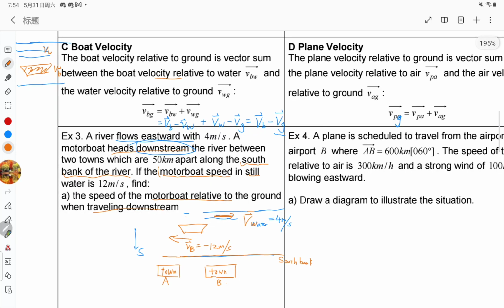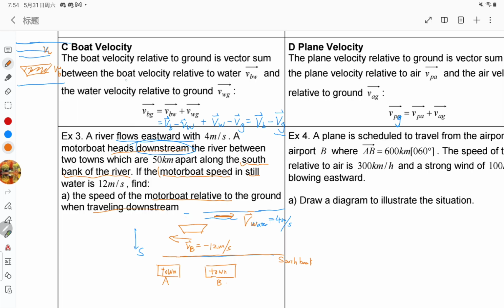the boat velocity relative to the water. Yeah, so the boat velocity relative to the water is, I think it's a matter of we need to understand what is this boat.